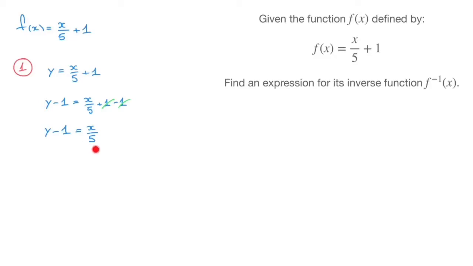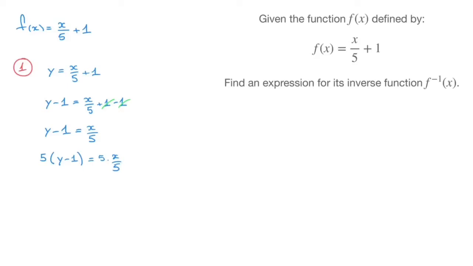We can now see on the right-hand side that x is being divided by 5, so to get rid of this 5, we need to multiply both sides of the equation by 5, which would look like this. 5 times, in parentheses, the entire left-hand side, y minus 1, equals 5 times x over 5. Now, on the right-hand side, we see that x is being both multiplied by 5 and divided by 5.